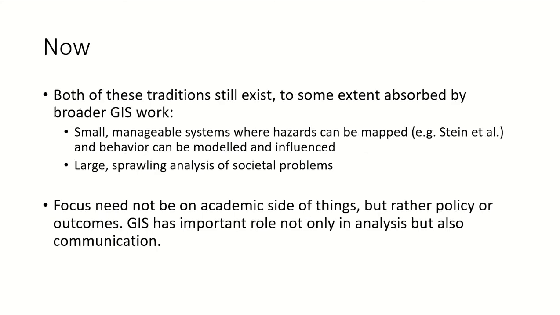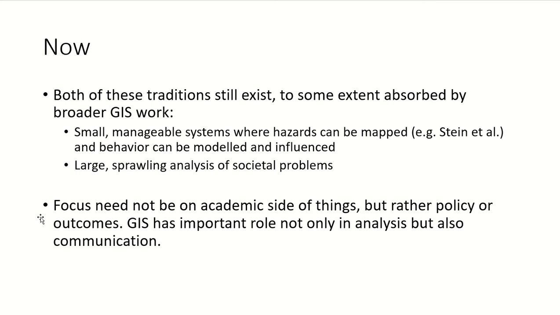And now, I don't mean to imply that any one of these traditions really replaces the other. They just sprout up and maybe get a little bit more attention. So both of them definitely do exist and to some extent have been absorbed within broader GIS work. And one of the reasons why things can coexist, or dominant theories can coexist, subfields, is because work can be done at a lot of different scales.